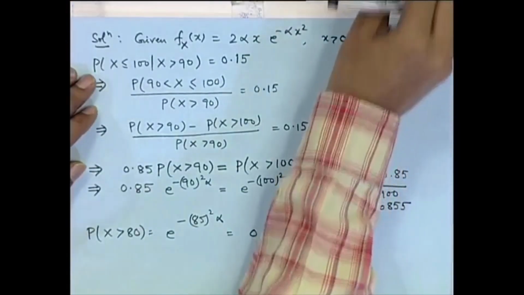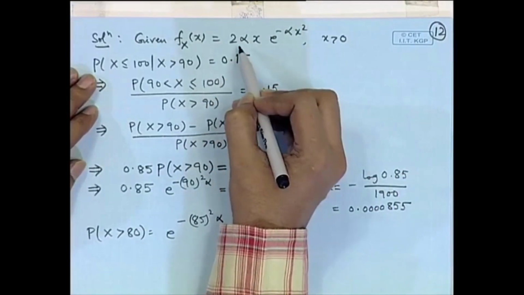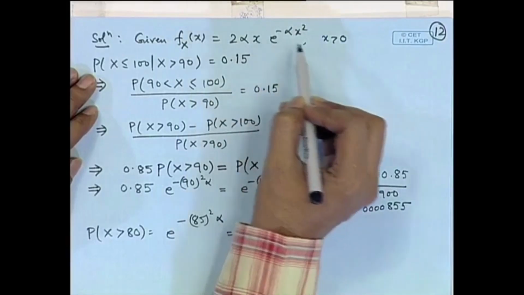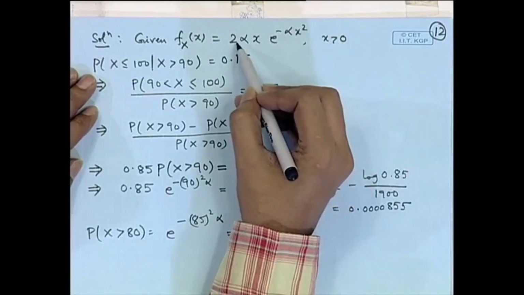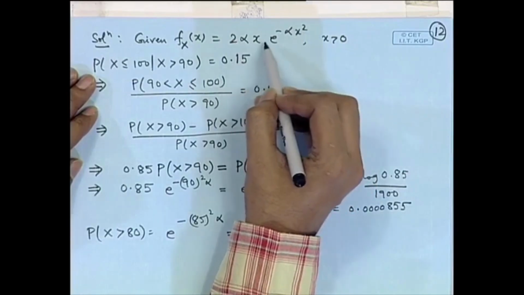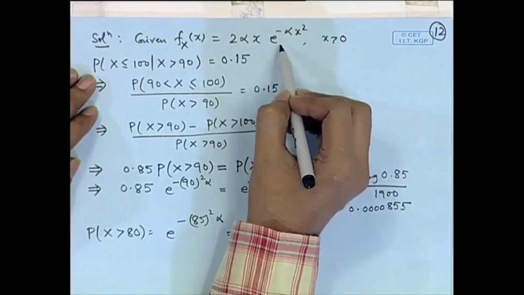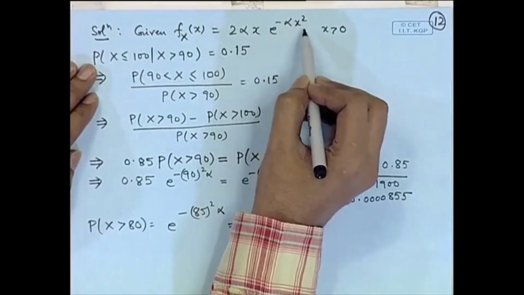So, we can use this condition to determine the value of alpha. So, the Weibull distribution's density is alpha beta x to the power beta minus 1 e to the power minus alpha x to the power beta. If we substitute the value of beta is equal to 2, then the density reduces to the form given here, that is 2 alpha x e to the power minus alpha x square.